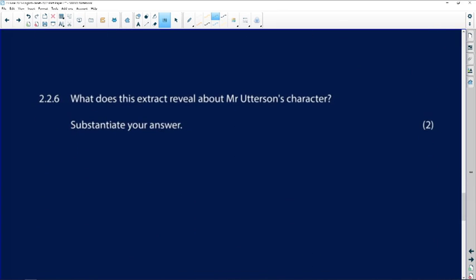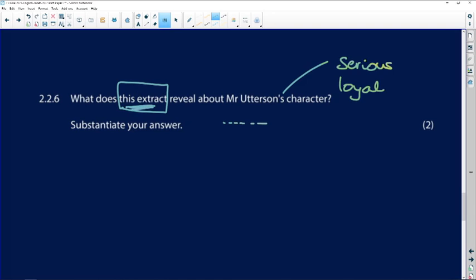Right, this is a character question. So remember, you can't just say it shows us something about Mr. Utterson's character. It's got to be this extract. So what do we know about Mr. Utterson? Maybe you want to argue that he's very serious or he's a very loyal friend. Well, which one is it in this extract?